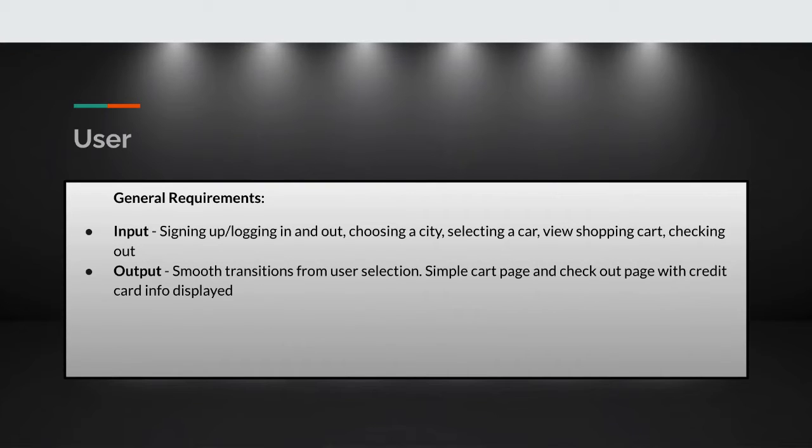From clicking button to button, they should be able to reserve the car that they want and see a very nice and detailed look of the cart page with the checkout page. And at the very end, we have the ability to get information from the customer by inputting their credit card info.